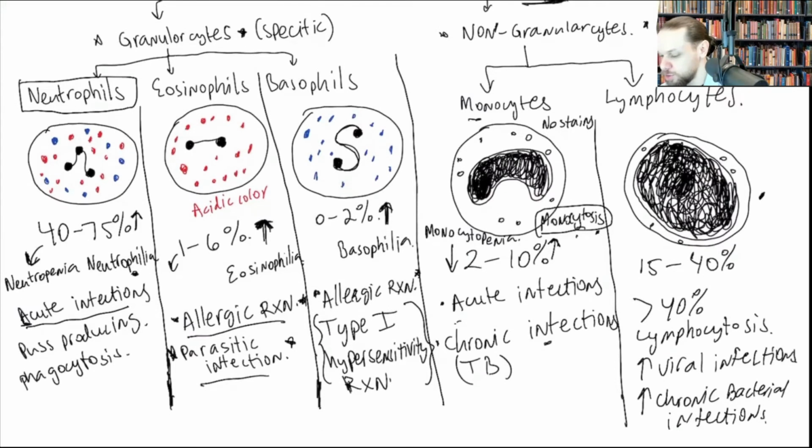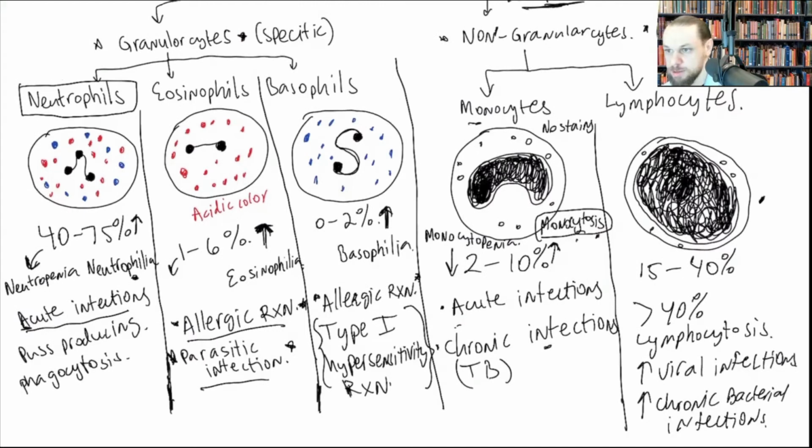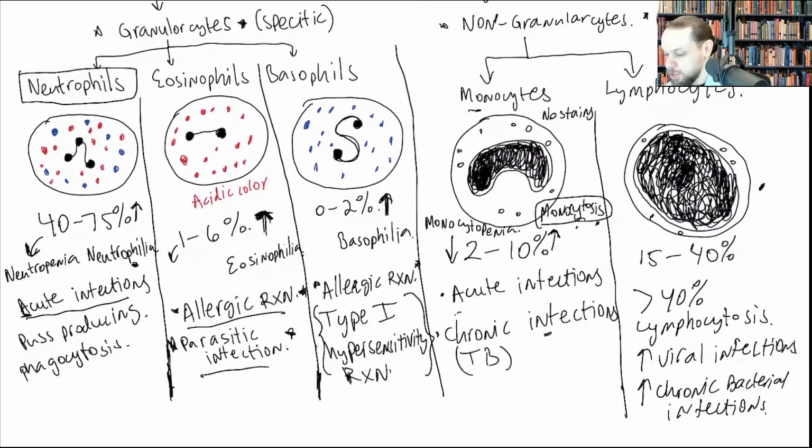What else is important to tell about these cells? We just said the percentages we saw, this was your differential leukocyte count. In the hospital, sometimes the doctors will come in and say, okay, nurse, I would like you to draw a CBC with diff.